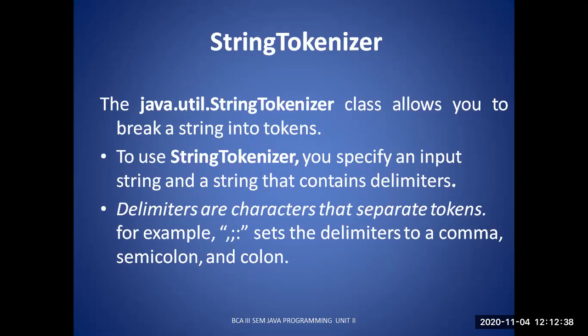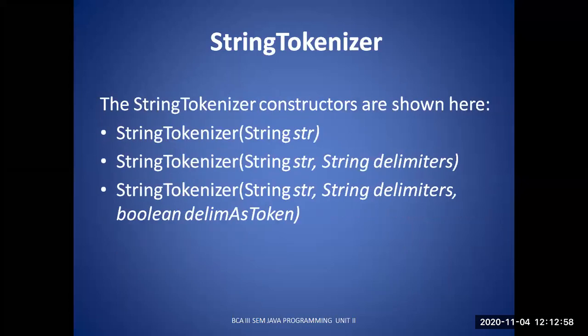So from these two points, you can understand that string tokenizer will be receiving one string along with the delimiters. The delimiters may be comma, semicolon, colon, and so on. Other types of delimiters are also possible, that is space character also. So this is what we have with the string tokenizer usage.